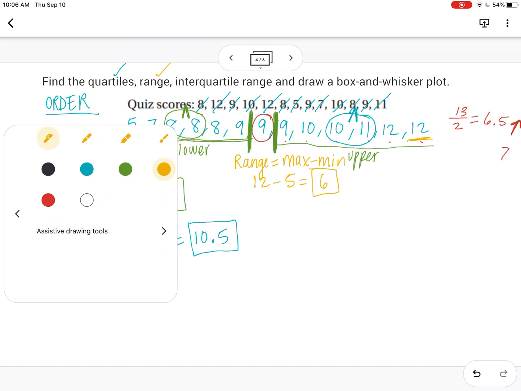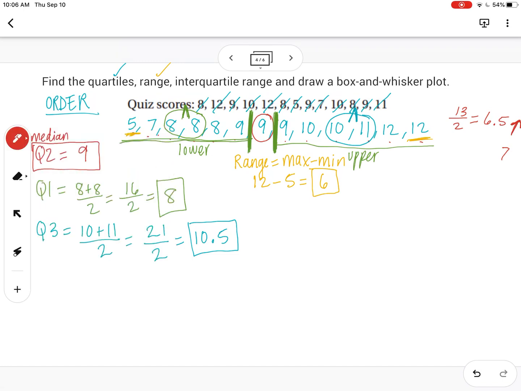Let's move on to the next one, which is interquartile range. So interquartile range is also called IQR a lot of times to abbreviate interquartile range. And just like our range, it's the highest value minus the lowest value, but those values in accordance with our quartiles. So our highest quartile, which is quartile 3, minus our lowest quartile, which is quartile 1, that's the formula to find it.